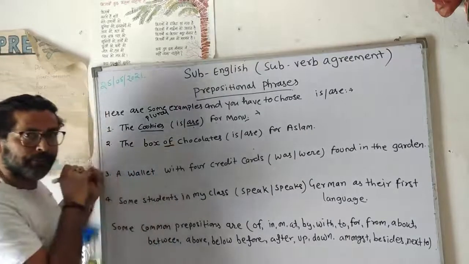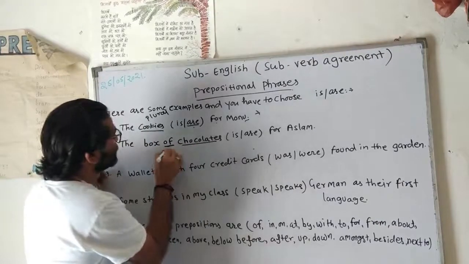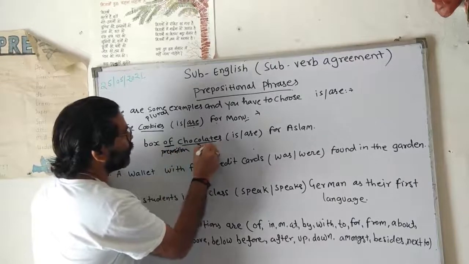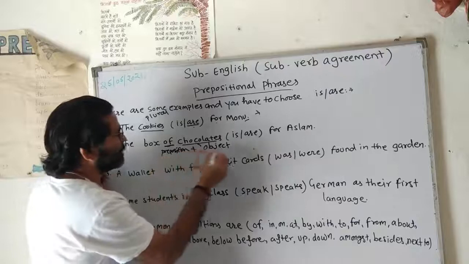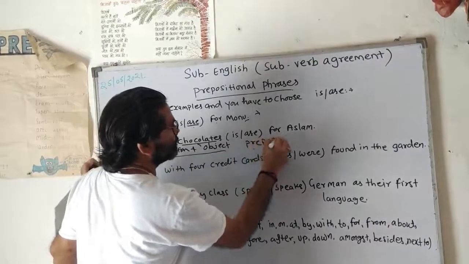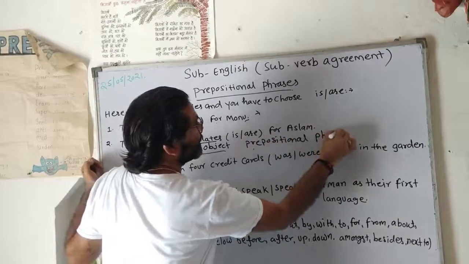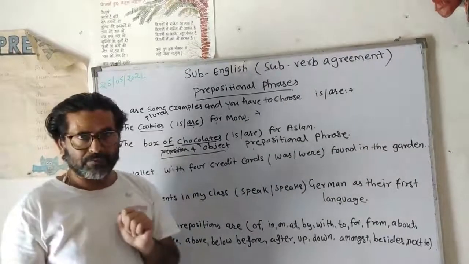Of is a preposition, and chocolates is an object. And when a preposition and an object come together, both make a prepositional phrase. So in the second sentence we have a prepositional phrase.